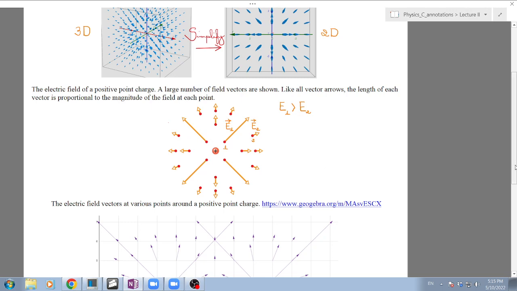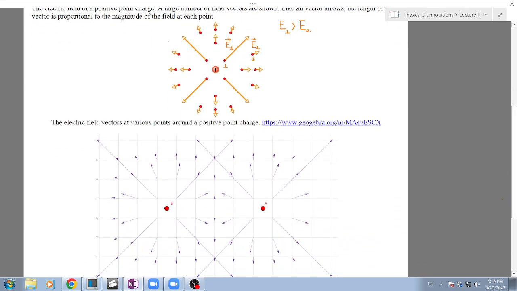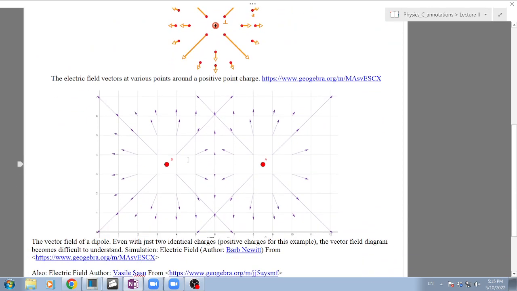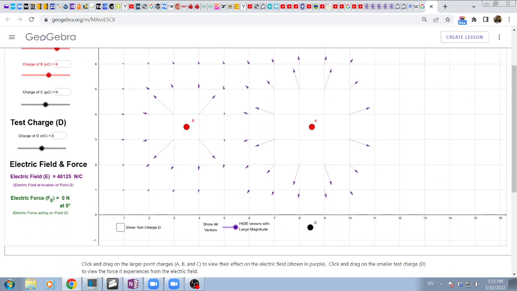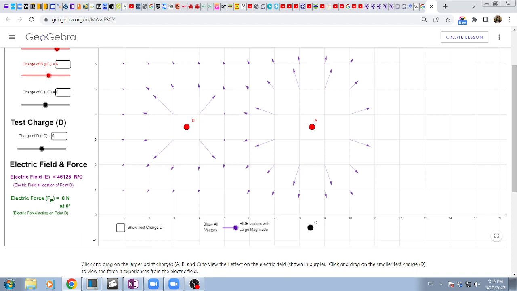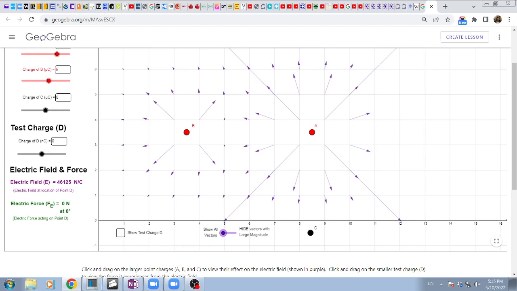It would be very complicated. Now let's think that you are representing not one particle but two particles, like the ones I'm showing here. If you wanted to represent the vector field, the electric field, for two particles, wow, it starts getting very, very complicated.